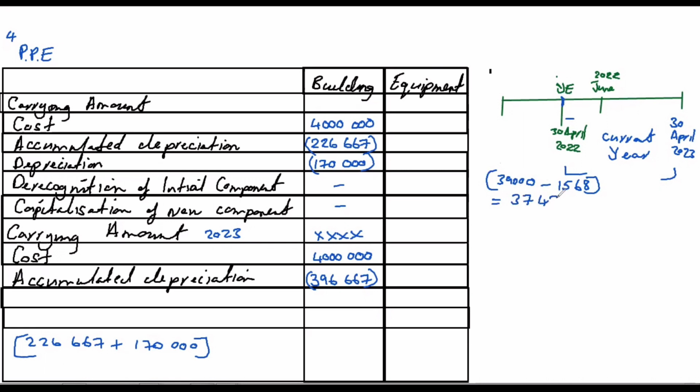Yes, hours. We want the hours that those parts have been in operation until the end of the previous year, because May and June is in the current year. We are not yet in the current year for purposes of calculating the accumulated depreciation. Hope that's clear.